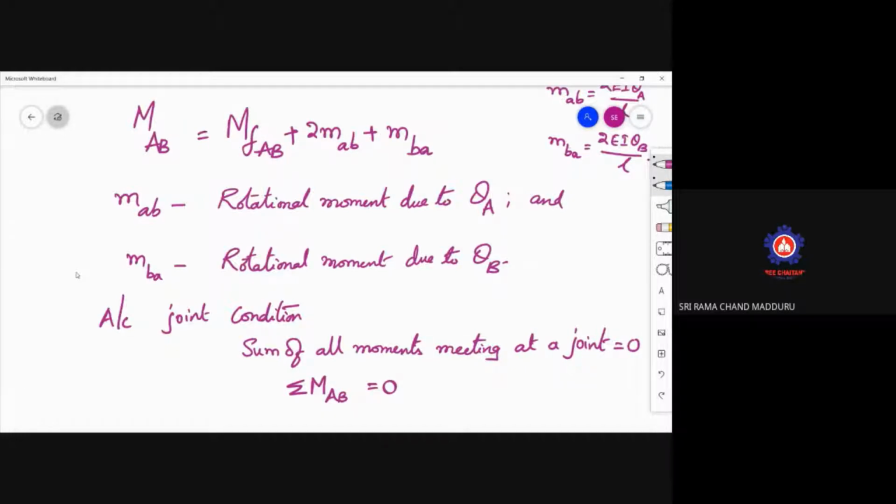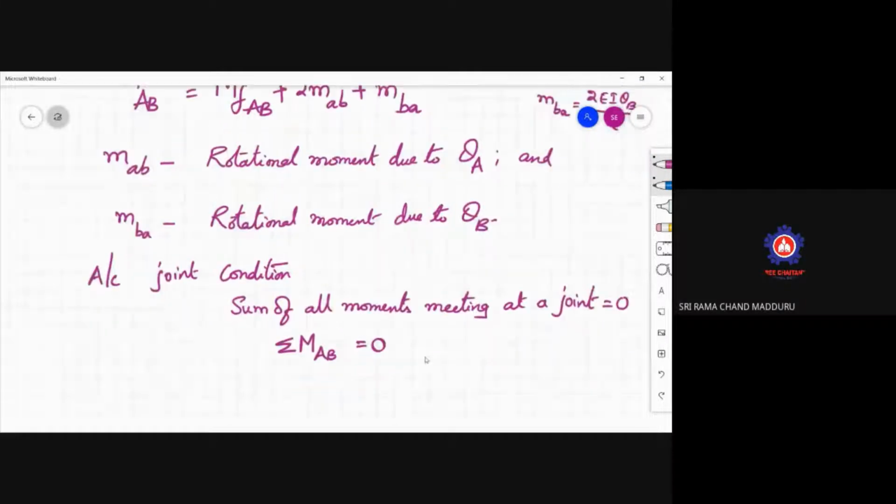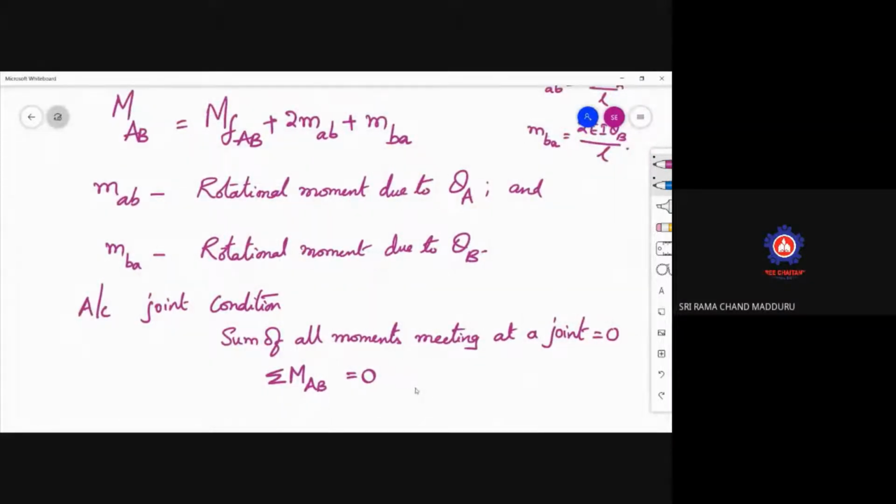So whatever the moments that are meeting there, their summation is equal to 0. What is your sigma M value? It is nothing but this one only, right? So I can write sigma of MFAB plus 2 MAB plus MBA is equal to 0.